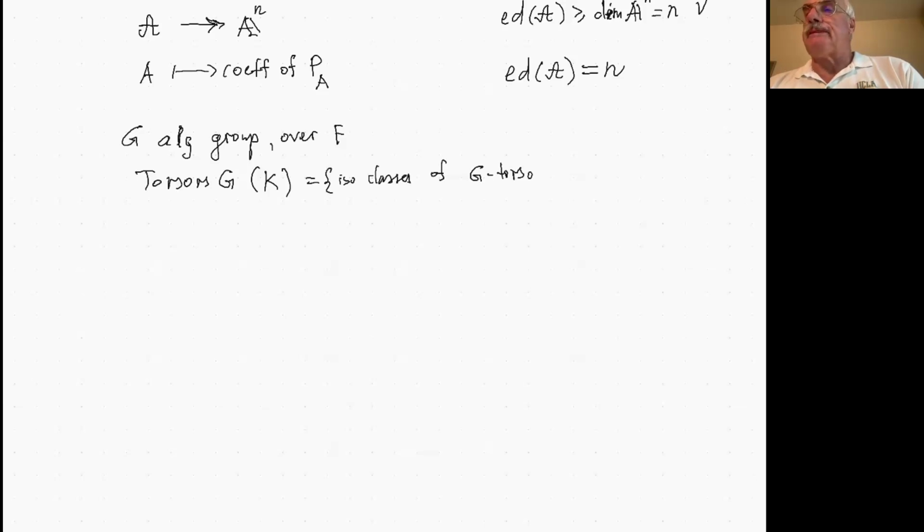It is a variety on which the group G acts simply transitively. And the essential dimension of this functor is denoted like this. It's called the essential dimension of the group G. So the essential dimension of an algebraic group measures the complexity of the functor of torsors.